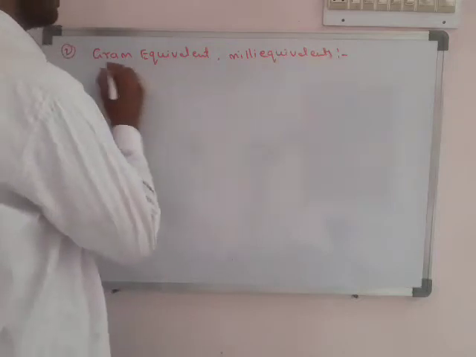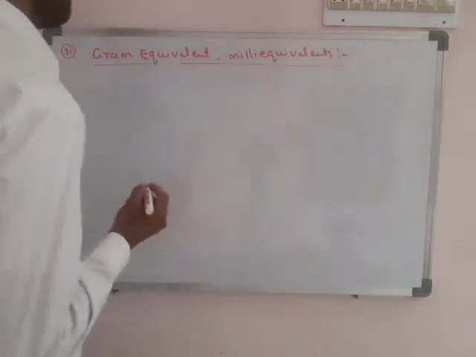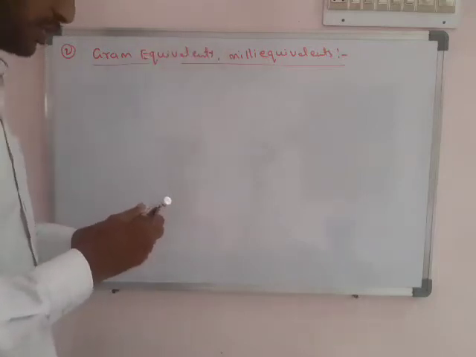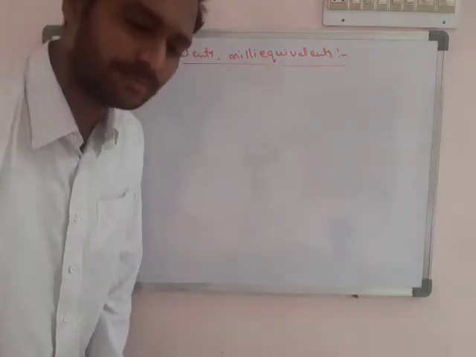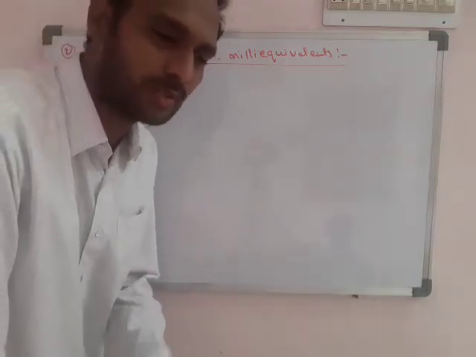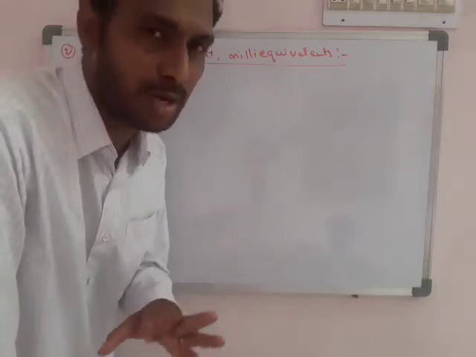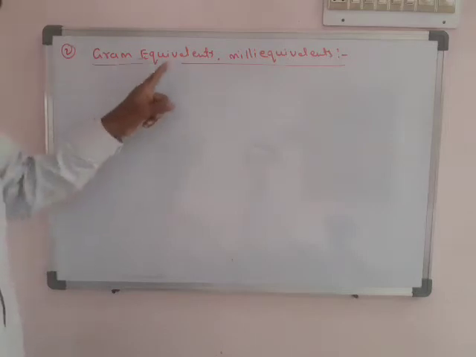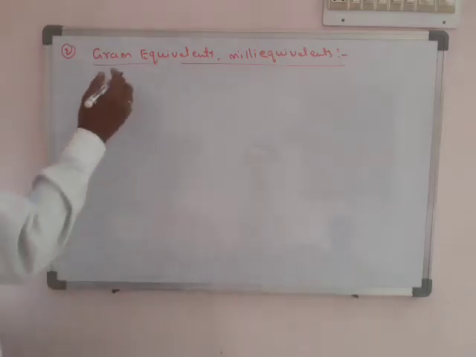So what does gram equivalence or milli equivalence mean? We already discussed in redox, in the topic of normality, the gram equivalent weights. The gram equivalent weight, gram equivalent, what is the difference?